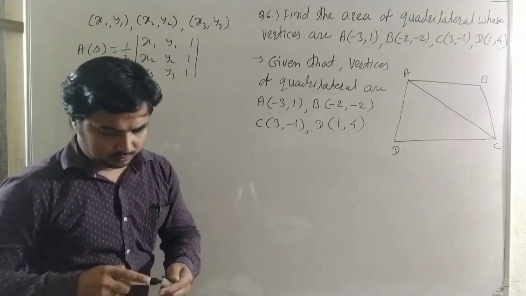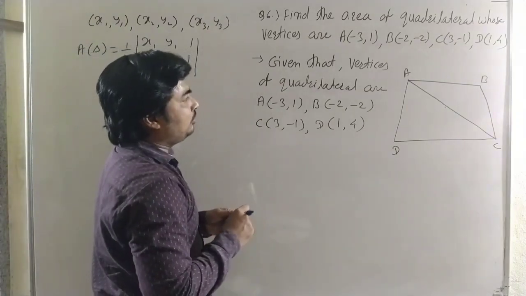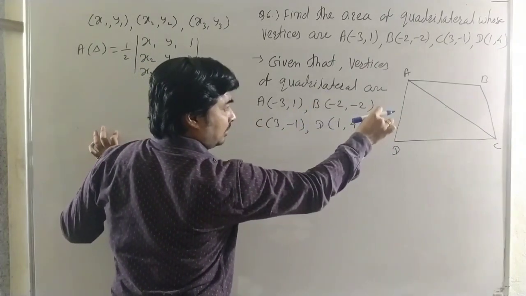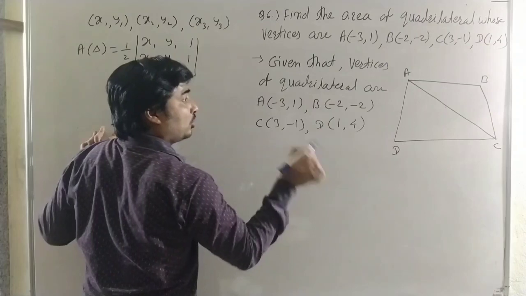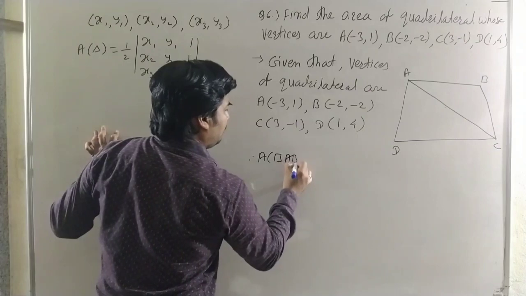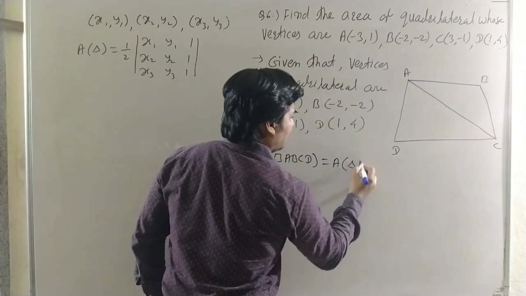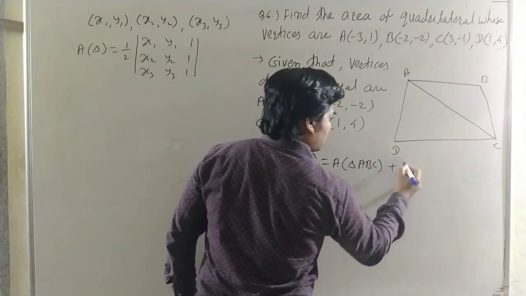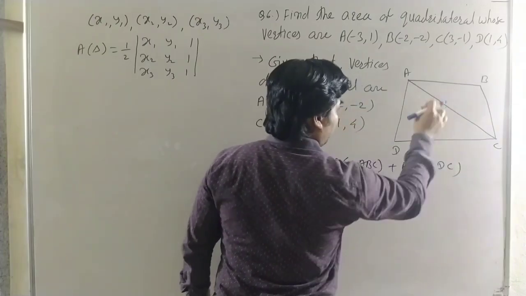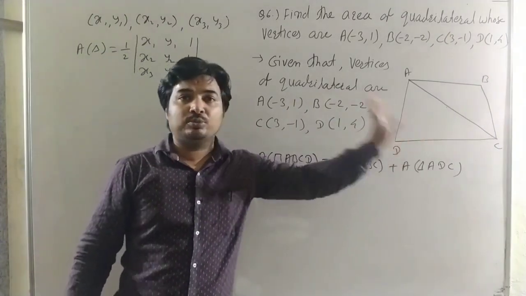Now we can find the area of triangle ABC and the area of triangle ADC. Therefore, area of quadrilateral ABCD is equal to area of triangle ABC plus area of triangle ADC, and we know how to find both.